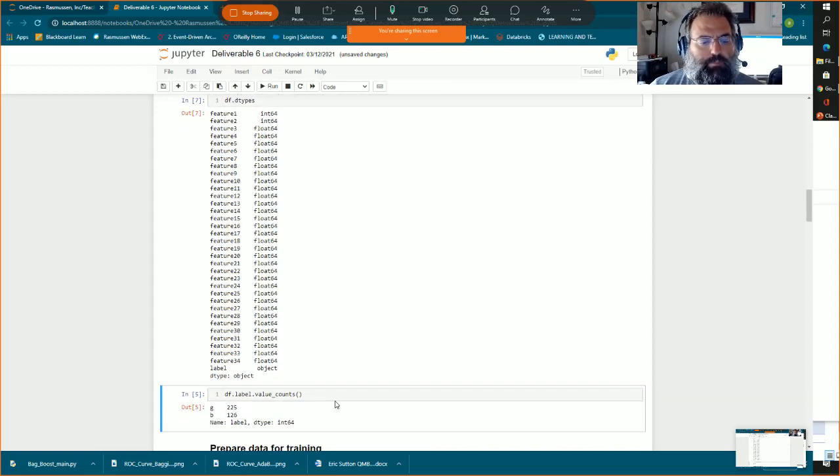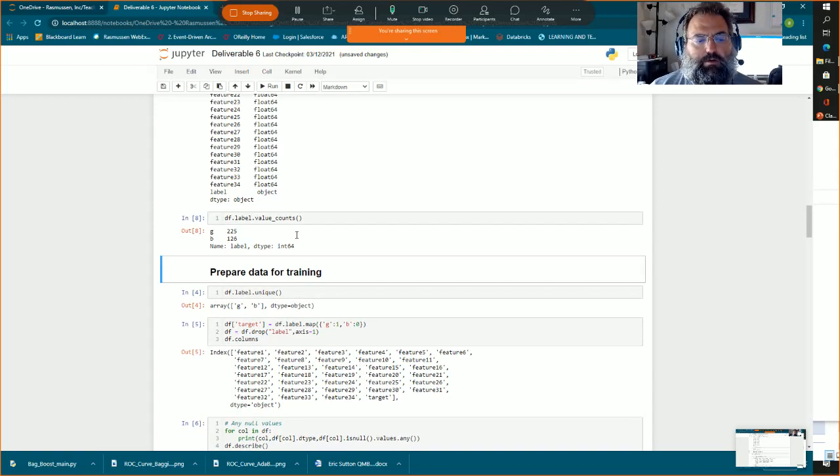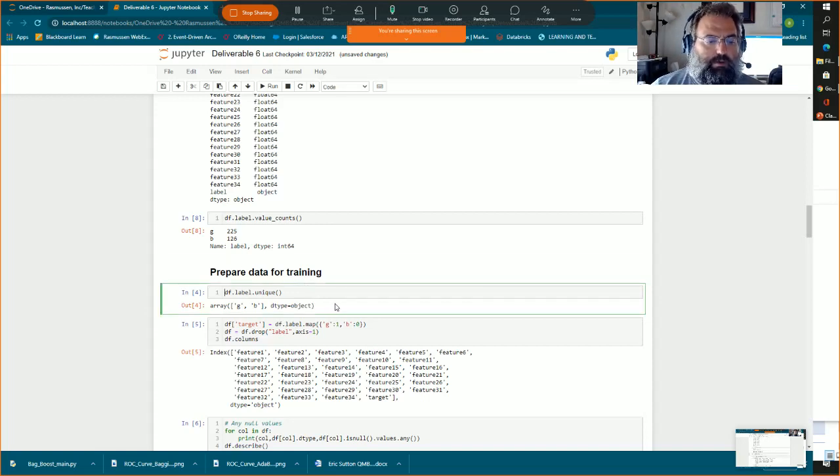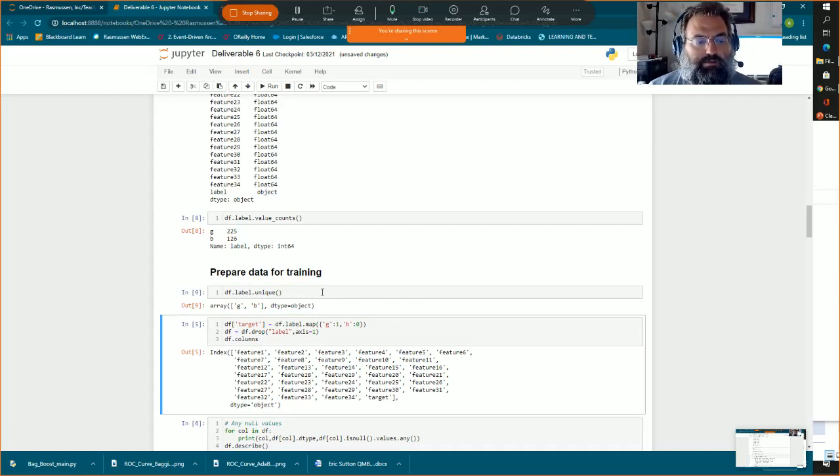And then maybe see what the distribution of the various labels are, and you can see that there's more good than bad, which is probably interesting. And then making sure that there's not something else other than good or bad.